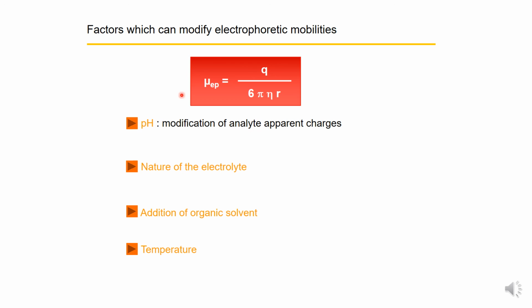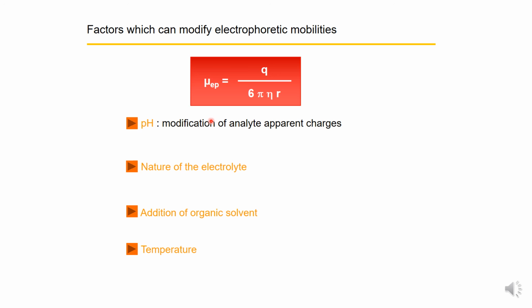Concerning now the electrophoretic mobility of the compound, you see that this is related to the charge, Q, and the hydrodynamic radius. And also, of course, the viscosity. So we can see that the pH is very important because the pH can modify the analyte apparent charge, and we need to fix the charge of the molecule.